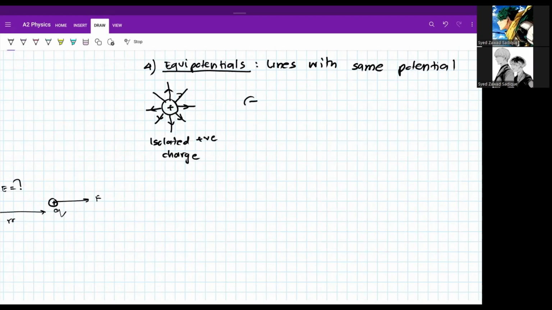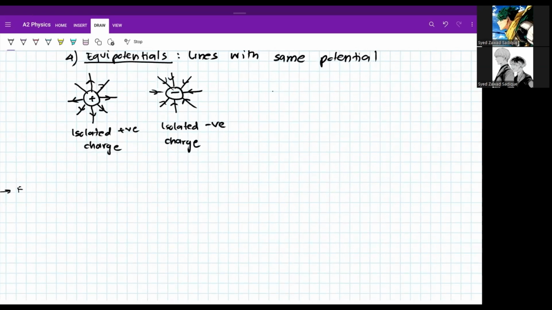For an isolated negative charge, it's one, two, three, four lines going towards it. And for a positive and negative charge together, it's one, two, three, four, outwards from the positive charge and towards the negative charge.